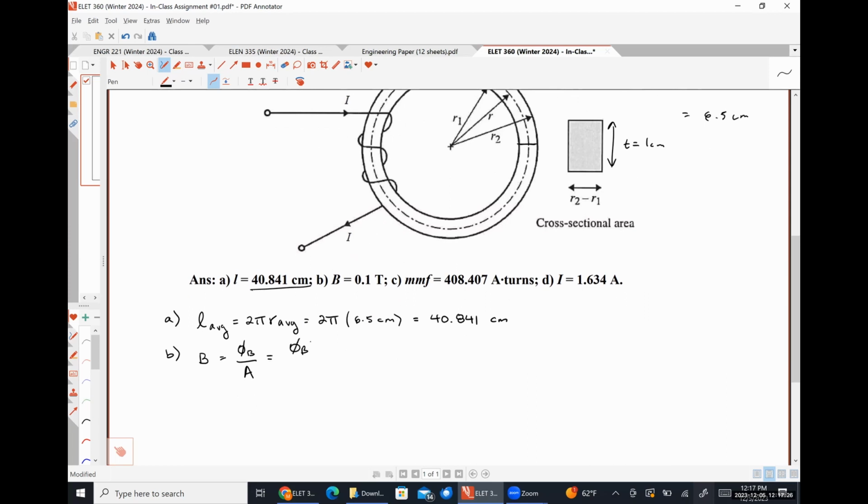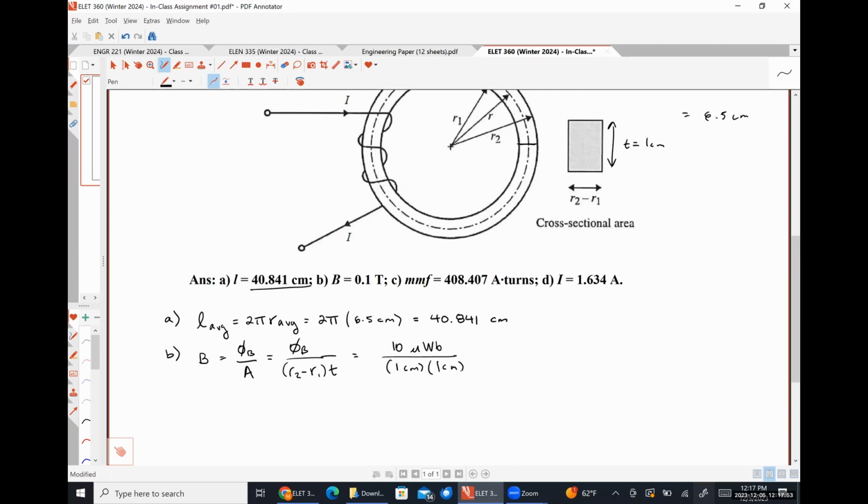So phi B over R2 minus R1 times T. So that's going to look like 10 microwebers divided by 1 centimeter, which is R2 minus R1, and then our thickness is also 1 centimeter.